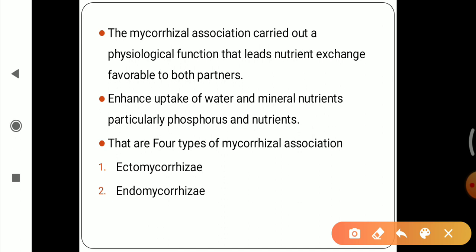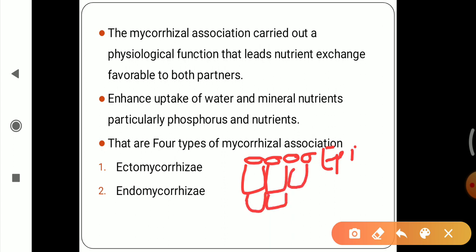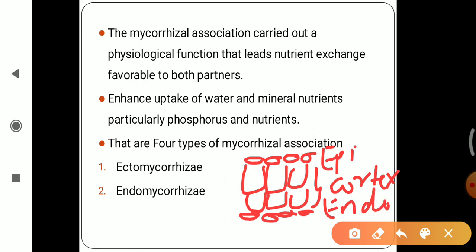The structure of root mainly consists of the epidermis, then the cortex, then the endodermis, then the pericycle, then the xylem, then the phloem.